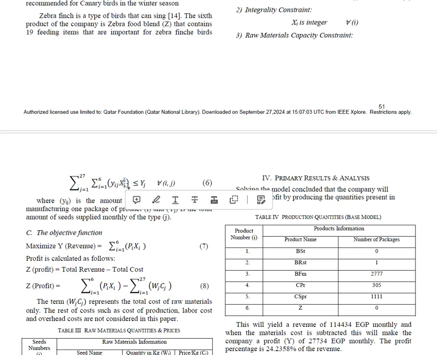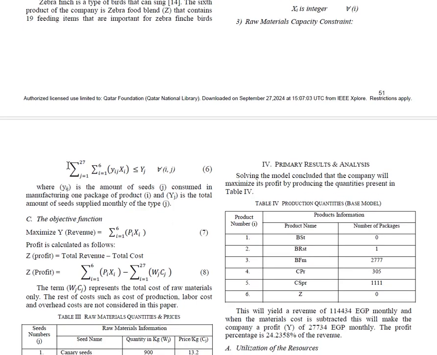I do that and I sum all of that for all the raw materials and all the products I'm producing, and this amount for each raw material must not exceed the amount that I'm buying of this raw material. So the total amount used to produce all the packages must be less than the amount I have. This is a capacity, we call it a capacity constraint. We will explain that in more detail in Excel.